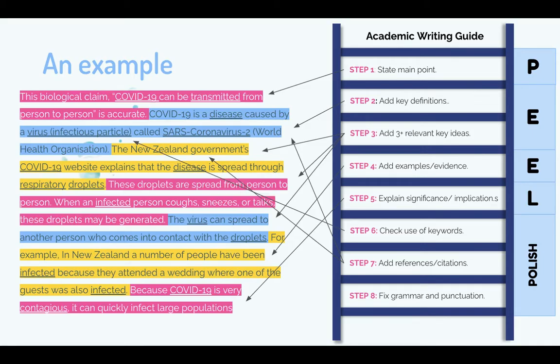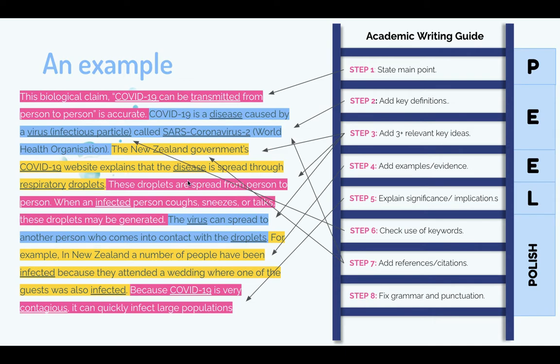Here's an example. You can see from this example, first of all, that again there is still the P stating the main point. There are key definitions added. There are at least 3 key ideas discussed. There is an example provided and a sentence that links it to the wider context.